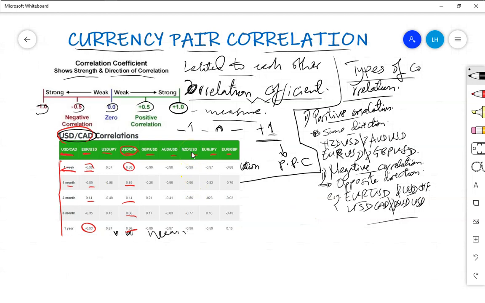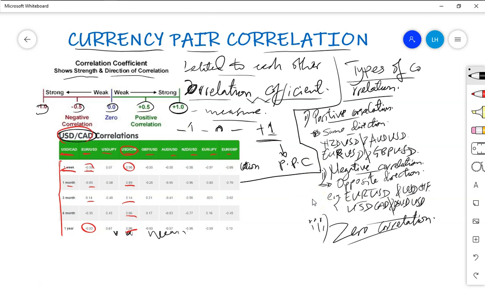The third one is known as zero correlation. Zero correlation means that currency pairs do not correlate in any way.